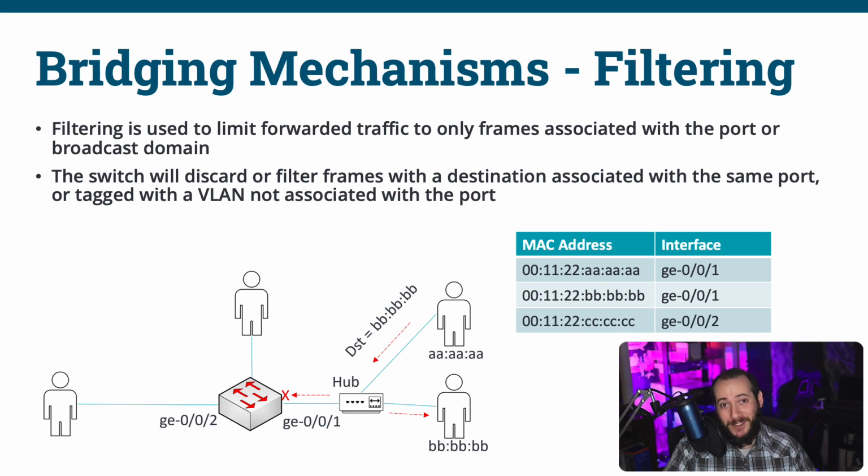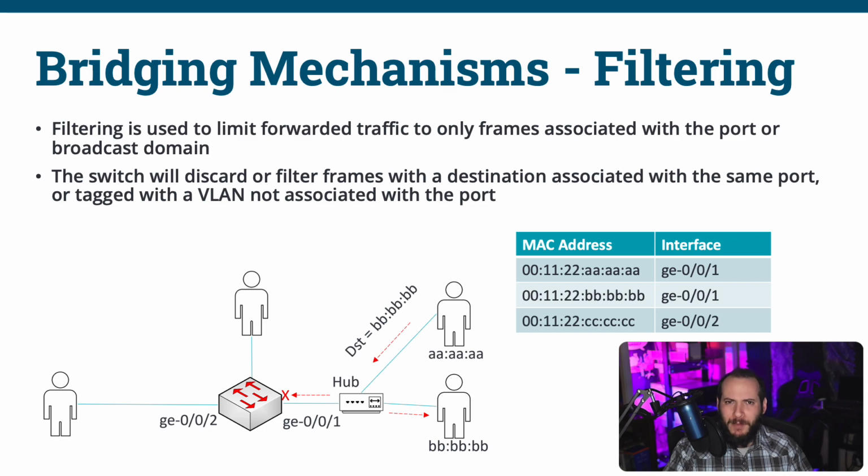If a frame is received on a port and tagged with a different VLAN than the port is a member of, then the switch will filter that frame by default. This is essentially saying if the frame is a member of a different broadcast domain than the port it was received on, then it will be filtered.